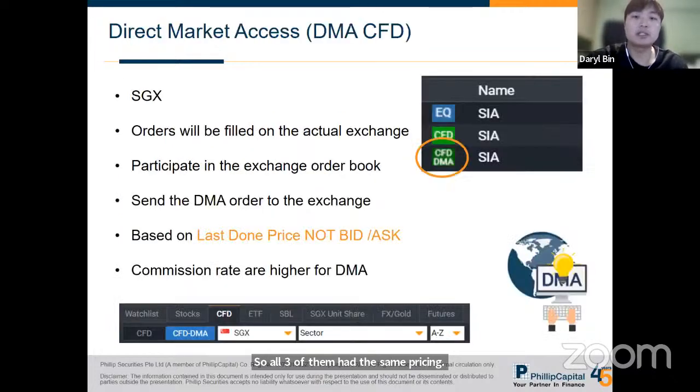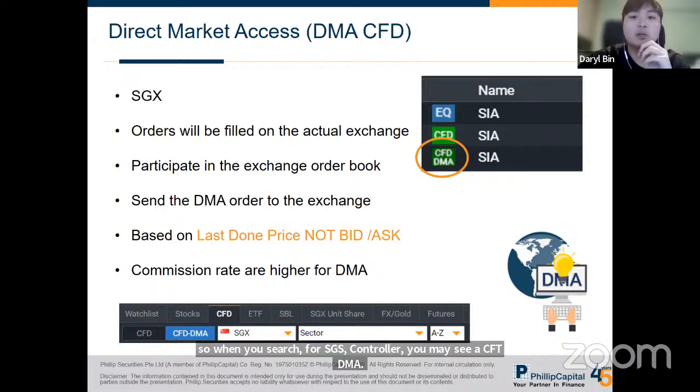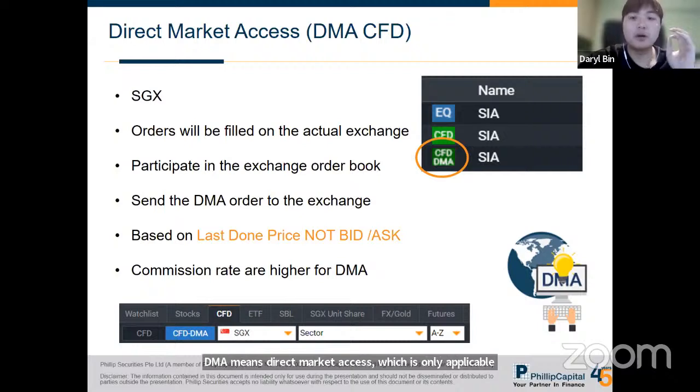When you search for an SGX counter, you may see a CFD DMA. DMA means direct market access, which is only applicable for SGX counters. The order will be filled on the exchange and will participate in the order book, which works very similar to stocks. We'll send the order to the exchange, and do note that this DMA is all based on the last done price, not the bid-ask price.